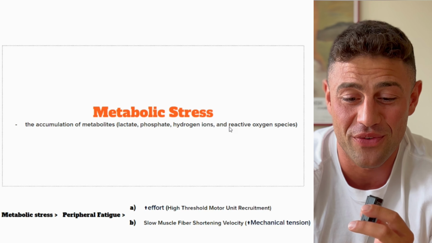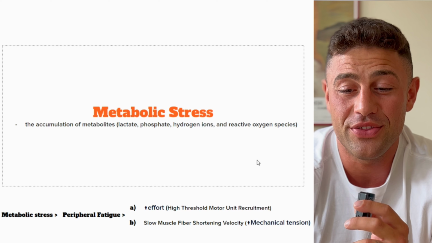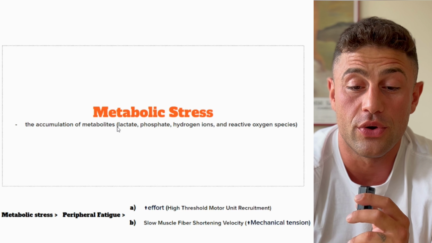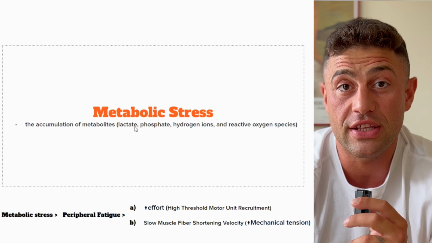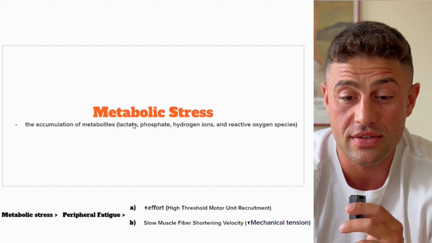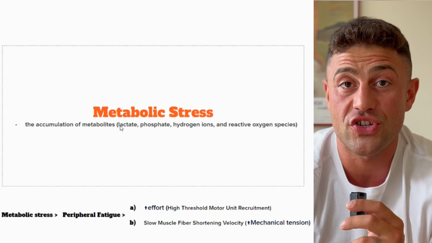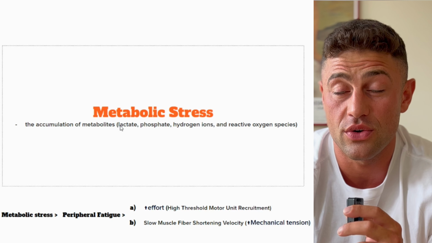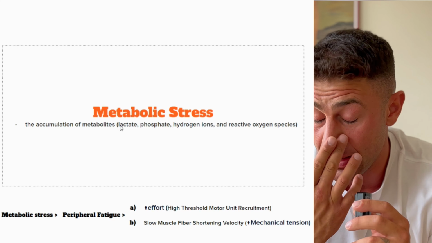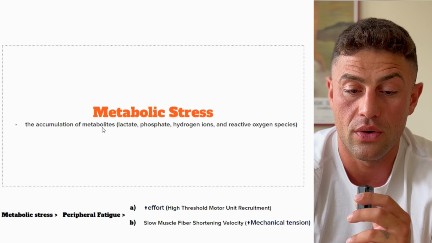I just named a few of them. So this is stuff that on its own can't stimulate hypertrophy. If it did, we could take lactate, inject it inside our muscles, and we would see growth. And we have studies that have done that, and they don't see any anabolic effect or any hypertrophy happening from that alone.